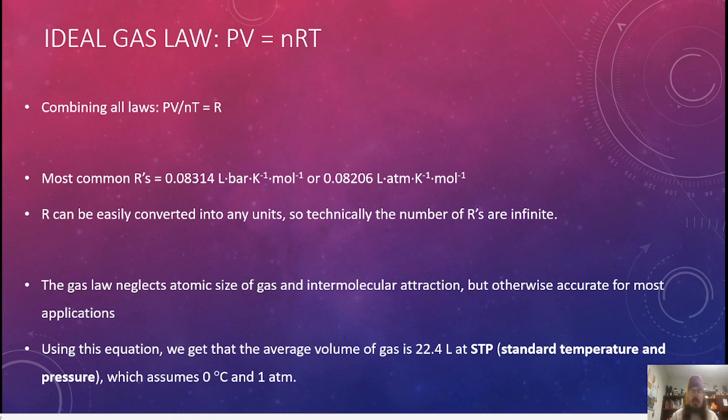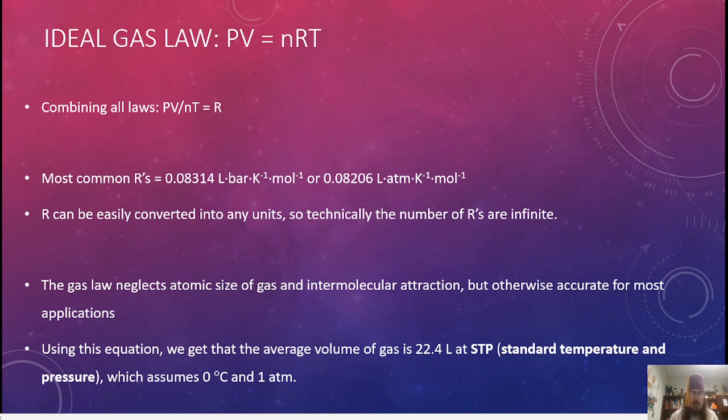Now, there are many different R's, but there's only 2 R's that we will really use in this chapter. R in units of liter bars per mole Kelvin, or bar liter per mole Kelvin, and liters atmosphere per mole Kelvin, or atmosphere liter per mole Kelvin.